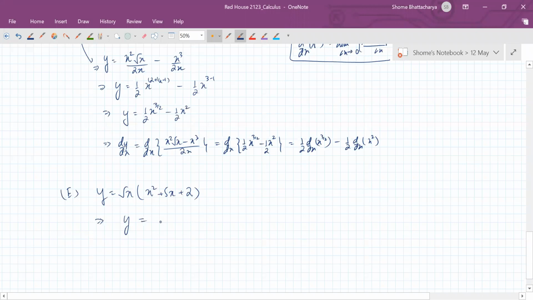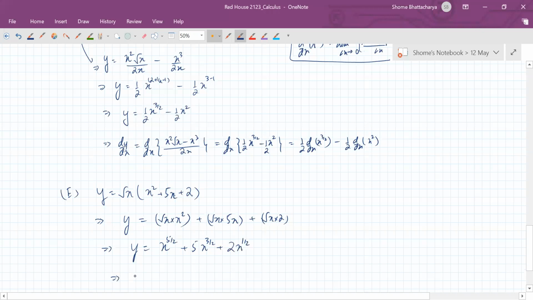So y is equal to root x into x square, plus root x into 5x, sorry, this is 5x, not root x, plus root x into 2, or y is equal to x to the power 5 by 2, correct? Plus 5x to the power 3 by 2 plus 2 times x to the power half.